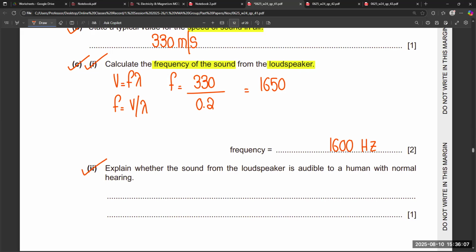In the second part, explain whether the sound from the loudspeaker is audible to a human with normal hearing. So now we are getting a frequency of 1600 hertz. It means the audible range for the human being is 20 to 20,000. So this is audible. Yes, it is audible.